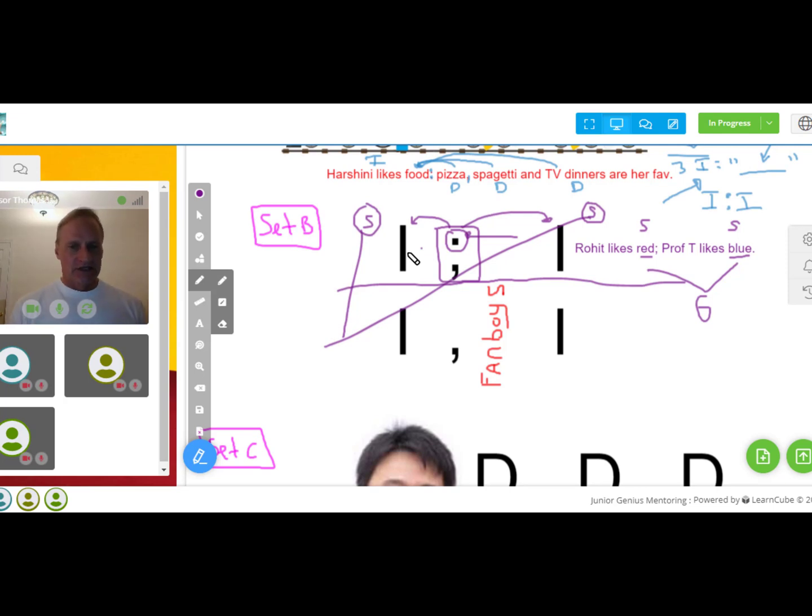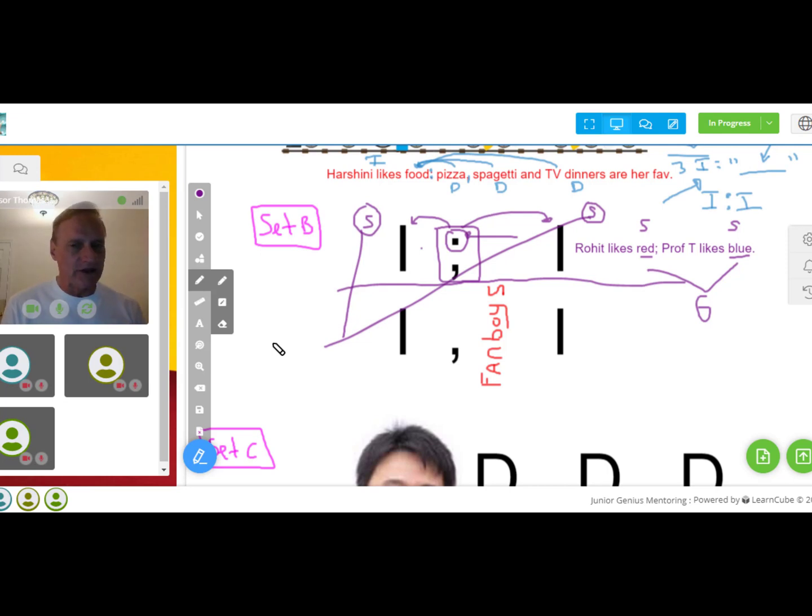All right, so if you look over here, the next set B component we're going to talk about is fanboys. The movie for this one is called Hypnotizing the Chupacabra. So what you're going to have for the fanboys is one comma, and this is the exception to the abandoned boxcar.